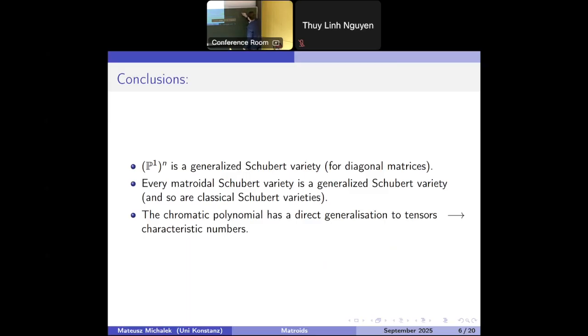You have to close such a linear space in a Grassmannian to get a Schubert variety. But you can always rearrange the rows so that the identity is on the left and this thing on the right.